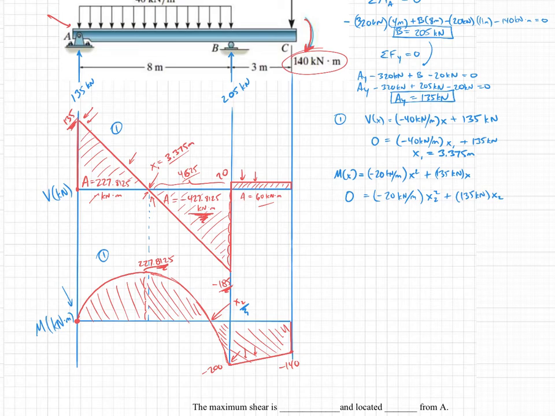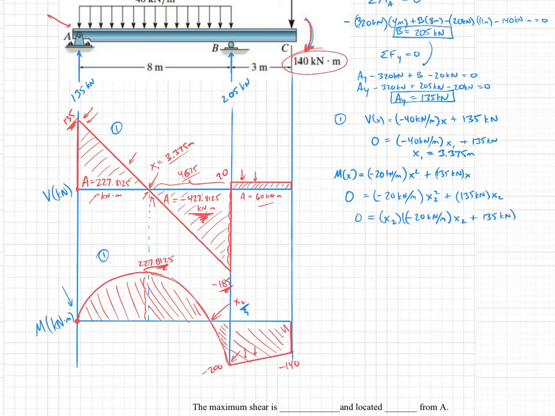So this is a quadratic, therefore you're going to have two solutions. So what we'll do is say 0 equals, and I've got x2 factored out of negative 20 kilonewtons per meter times x2 plus 135 kilonewtons.